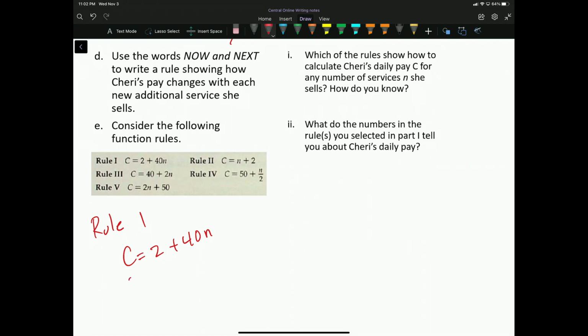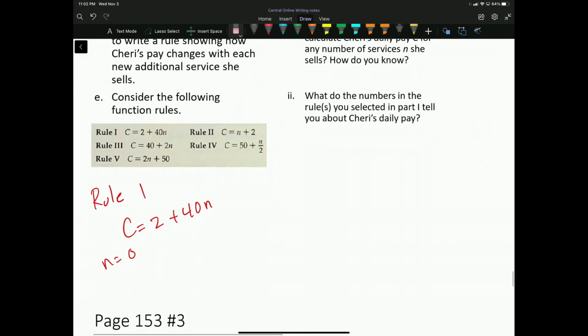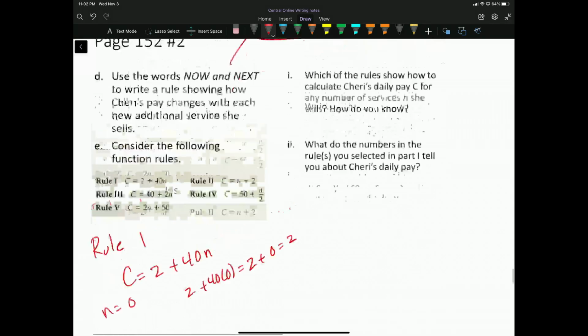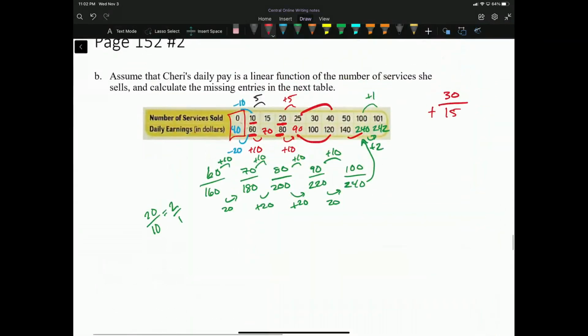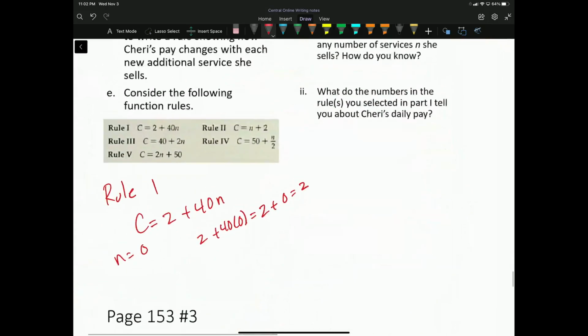If I plug in 0 for N, this would be 2 plus 40 times 0. So that'd be 2 plus 0, which is 2. So when N is 0, let's look at our table. When this is 0, our answer was 40, not 2. So this isn't going to work.